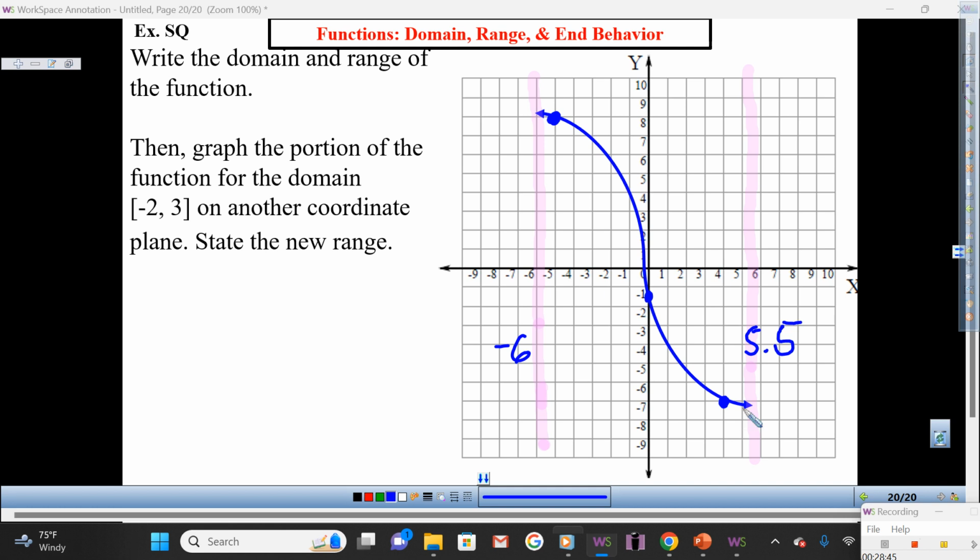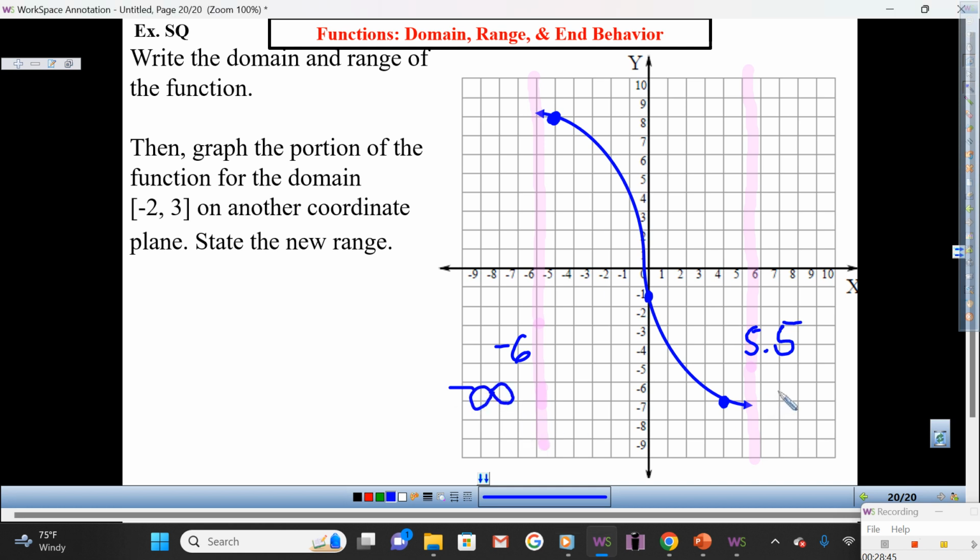Let's go, Brianna. All right, Dom, what does that mean, arrows at the end? That it keeps going. Does it ever stop? No. So instead of starting at -6, what should I write on the left side? Tell your neighbor, what should I write on the left side if it keeps going to the left side? Everyone? -infinity. That is correct.